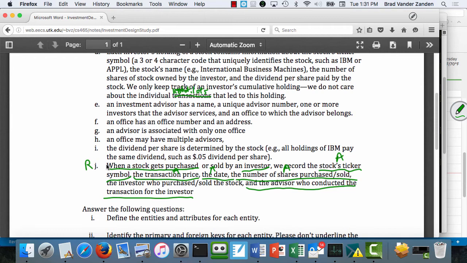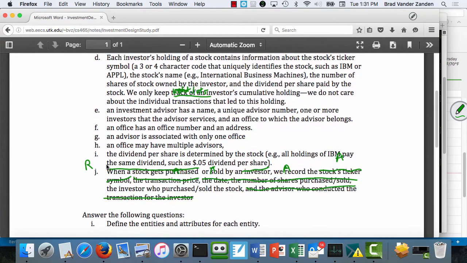Okay. So going back to D, we can take a crack at D now. The tip-off here is it's going to be a relationship because it says investor's holding of a stock. So that's looking very strongly like a relationship. And it's containing information about the ticker symbol, stock's name, number of shares owned, and the dividend.